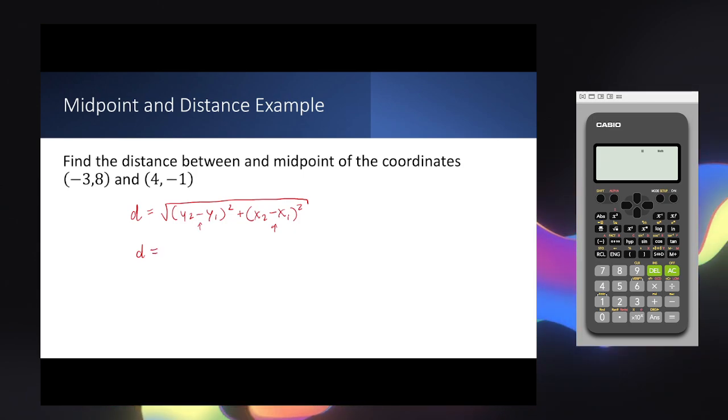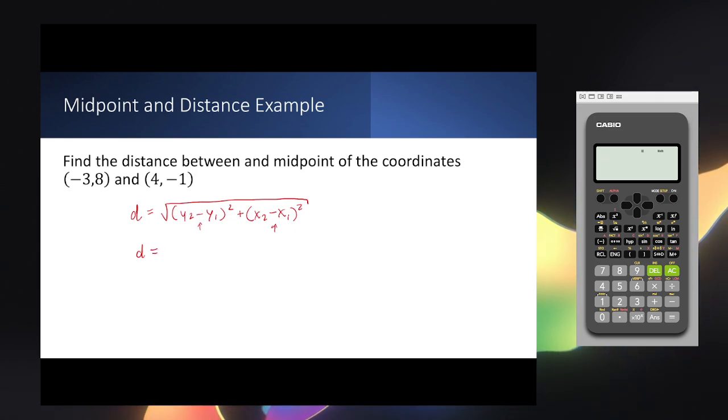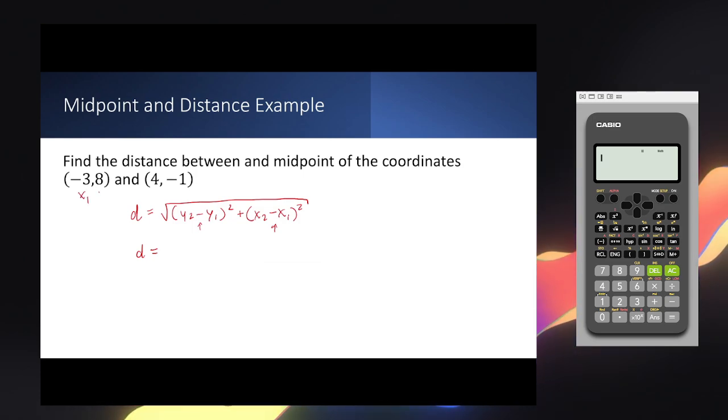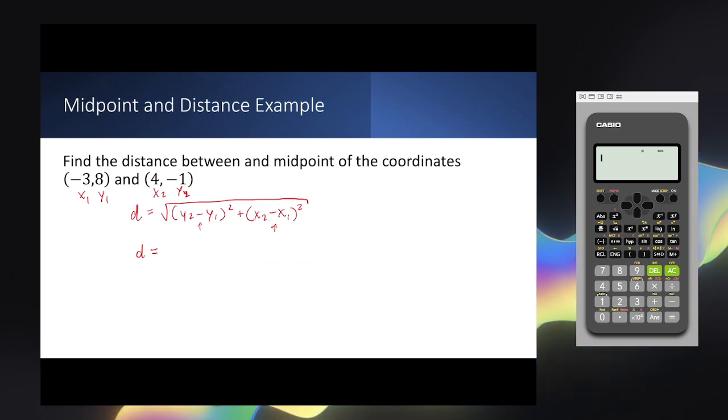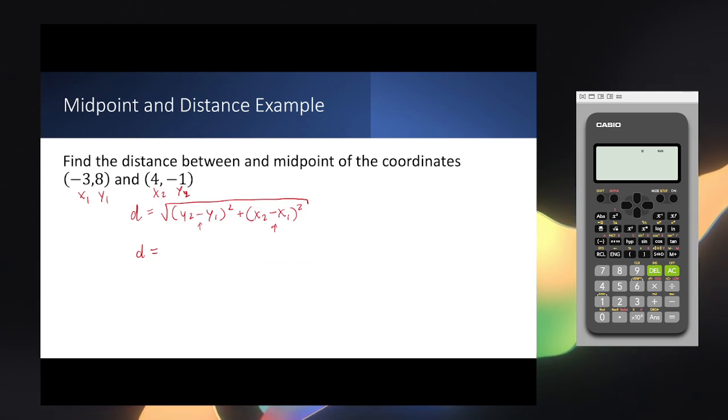Okay. Now, I like to label my points before I continue after this point. So x1, y1, x2, y2, okay? So these 2 points here are my generic, well, like my values, right? My x and my y values. I'm going to take each component, I'm going to substitute it into the location that's required.